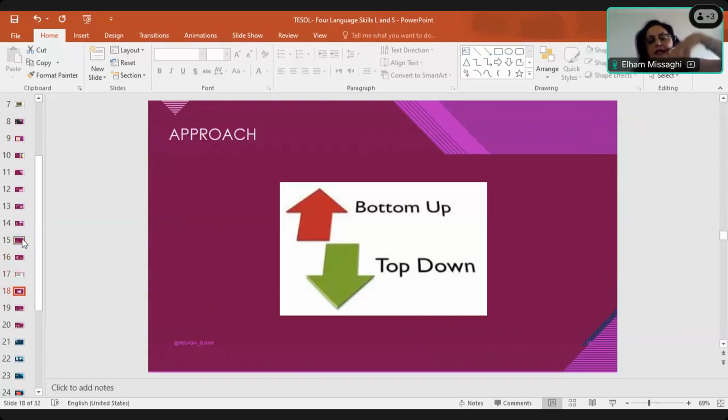Top down, like listen and tell me what happened. Listen and tell me an answer to these questions. And they're general comprehension questions. So mostly it's based on the comprehension aspect. You ask them some questions, put them in the context, and then they listen to the audio and tell you what happened, where did he go, what did he do, when was it. We call it top down.